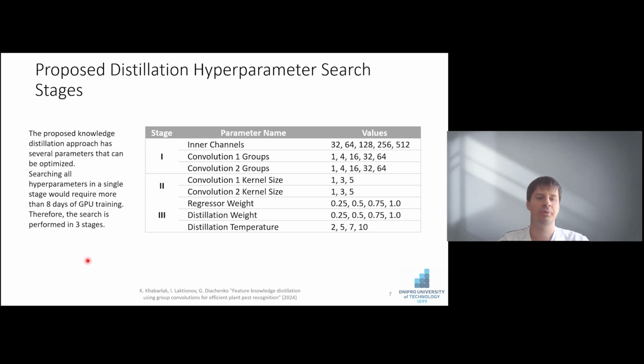As searching all of them in a single pass would have required more than 8 GPU days of training, we have split the hyperparameter search into 3 stages, with the first one searching inner channels between those two convolutions in the mapping layer, the number of groups in those layers, convolutional kernel sizes, regressor weight gamma 1, distillation weight gamma 2, and distillation temperature.